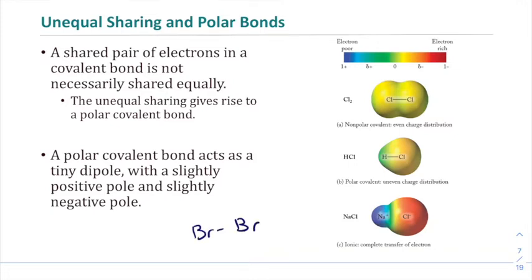That's a perfect covalent bond. But what if I bring together a carbon and an oxygen? Does one of those like electrons more than the other? Yes. So you wind up with what's called a polar covalent bond, as opposed to a nonpolar covalent bond, which Br2 would be. And it's a result of the unequal sharing of electrons in the bond.